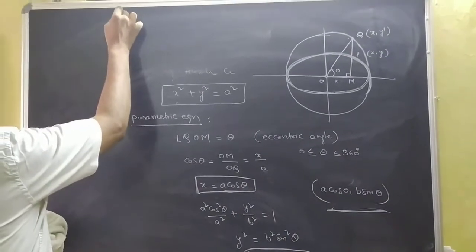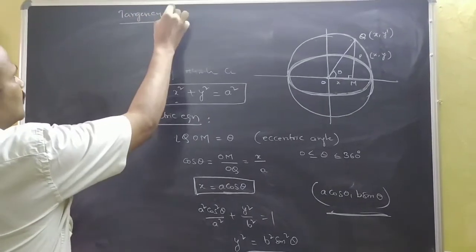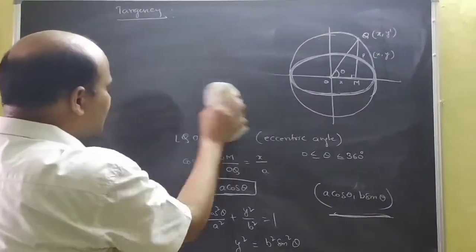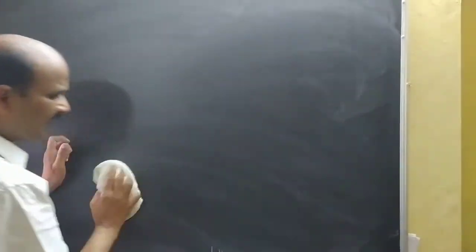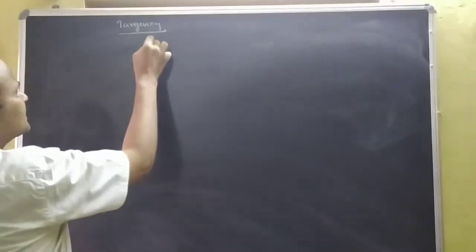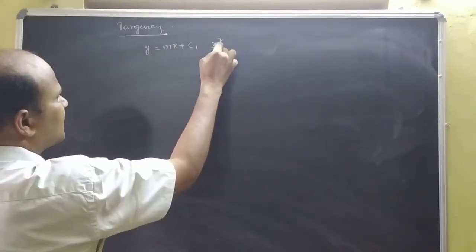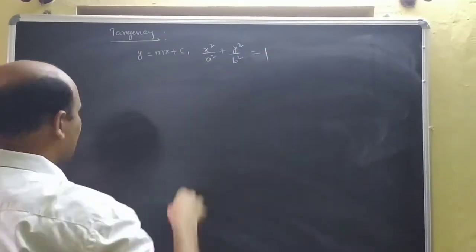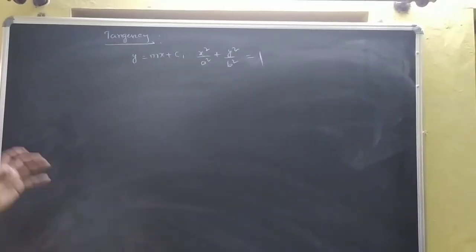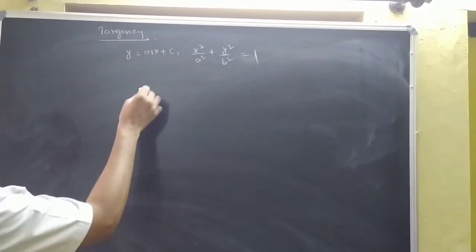Now, condition for tangency. In this tangency, we take one straight line, y is equal to mx plus c, and the ellipse x square by a square plus y square by b square is equal to 1. Now for this line and the ellipse on the plane, there are different situations.